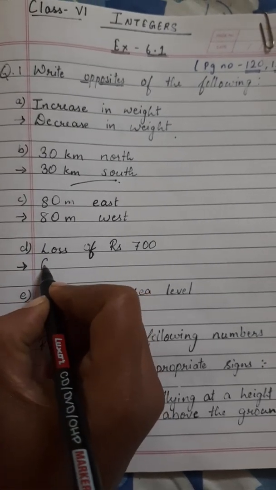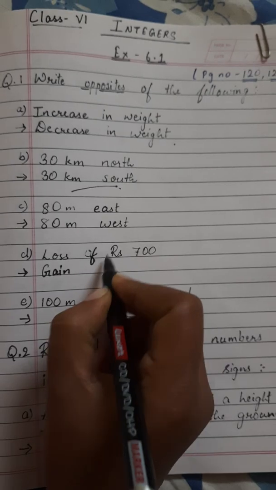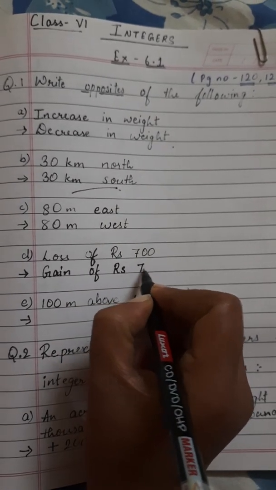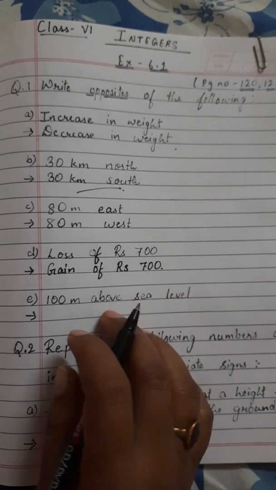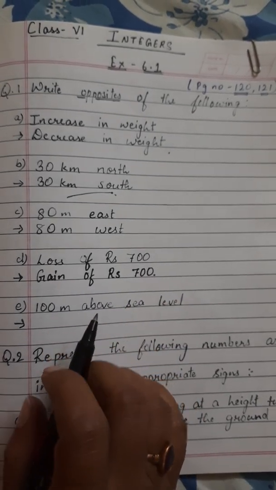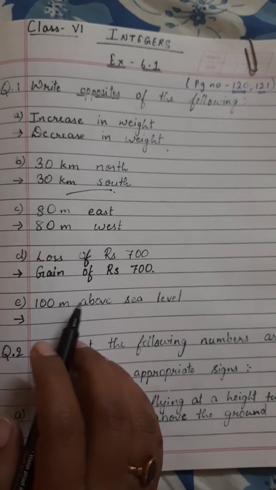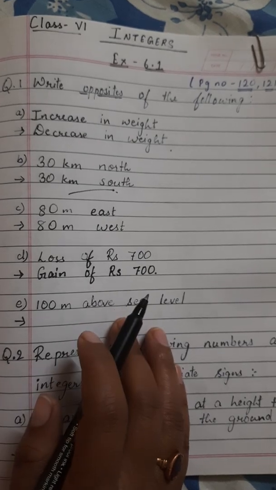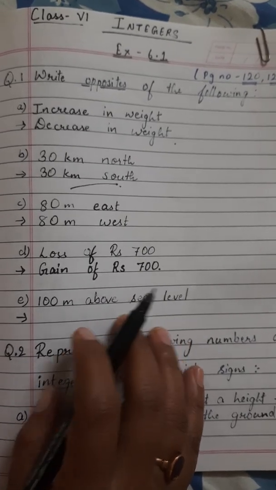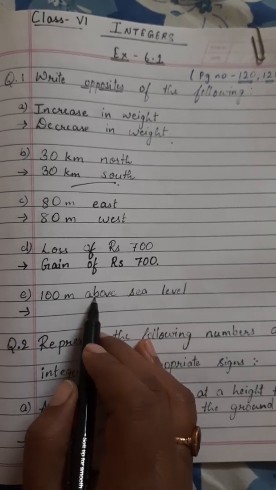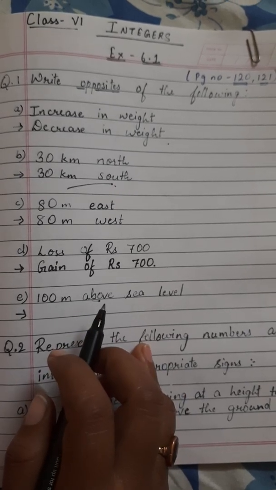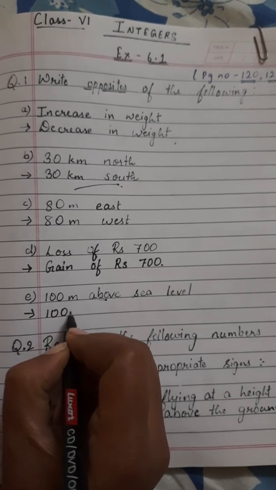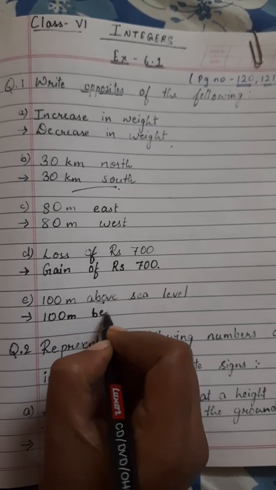So the opposite of loss is gain, and the remaining part you have to copy as it is, that is gain of rupees 700. Understood? Next is 100 meter above sea level. Here the main word is above. For above, the opposite will be below. So the answer you will write here is 100 meter below sea level.